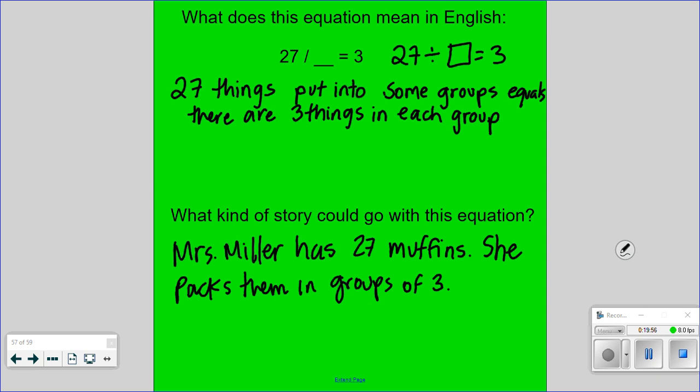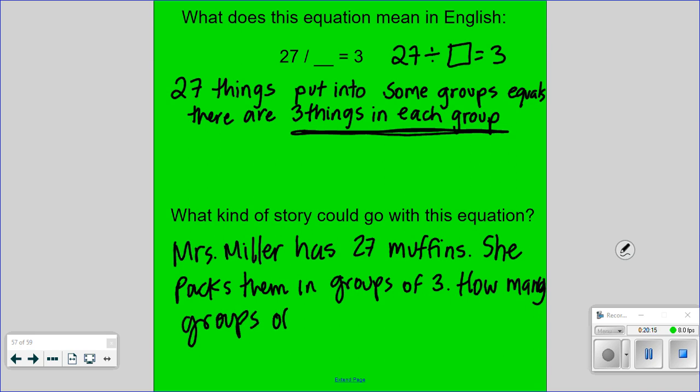Miss Miller has 27 muffins. She packs them into groups of 3. That's my 3 things in each group. How many groups of muffins did she pack?